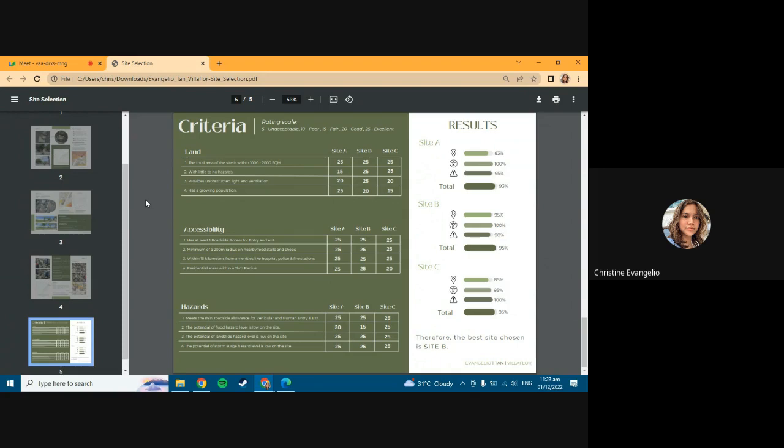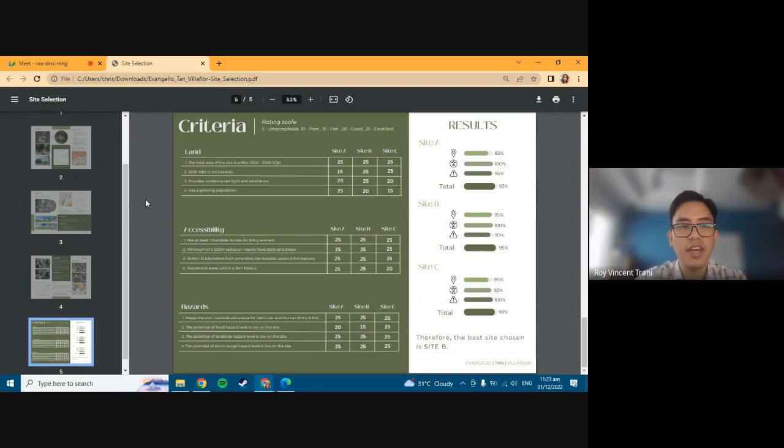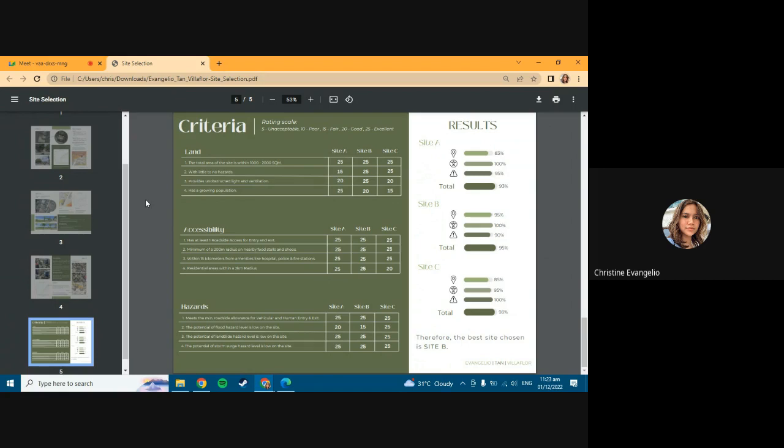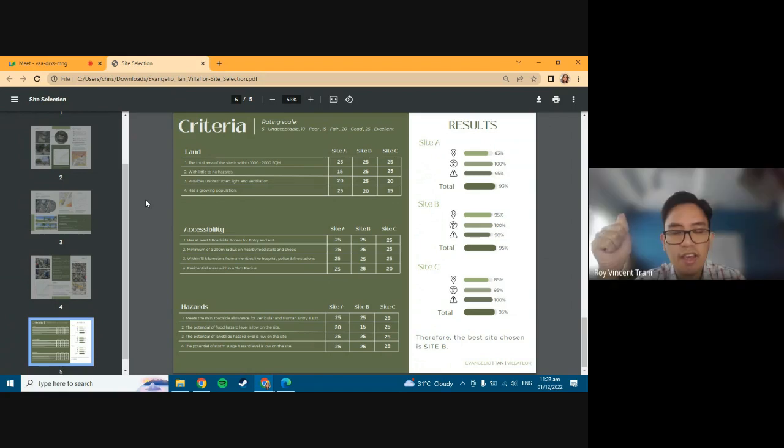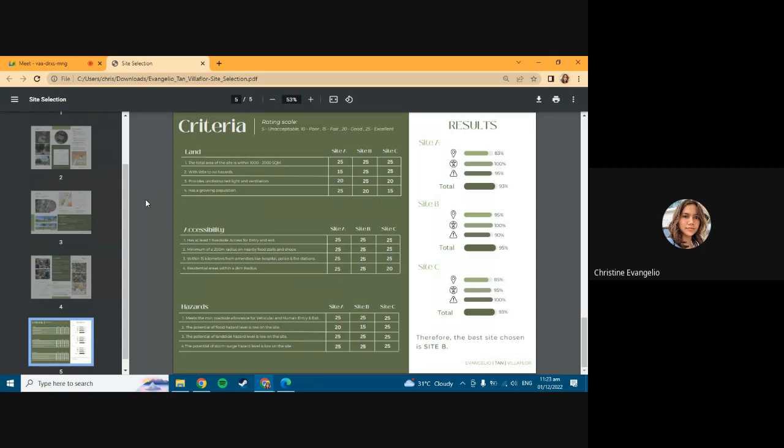Okay, so if it's within 1,000 to 2,000 square meters, it's 25. Yes, sir, if it's within the required area. If it's 500 square meters, how many points will it be? 5, no potential at all.